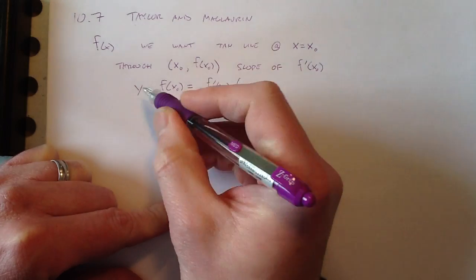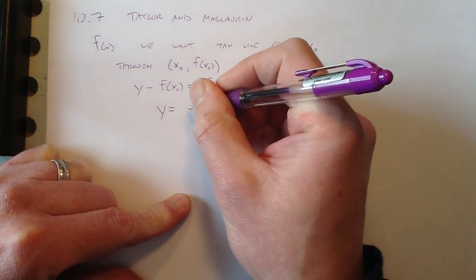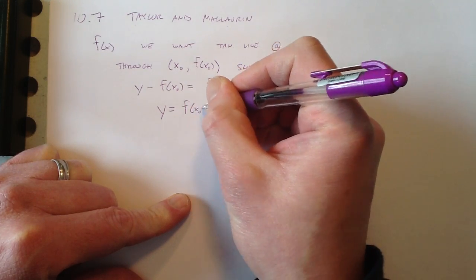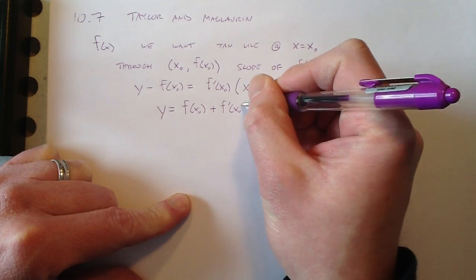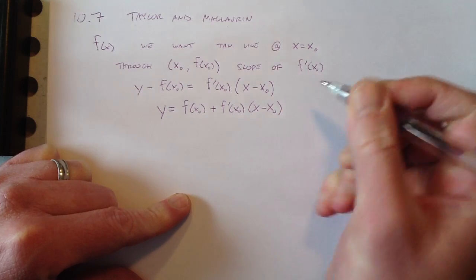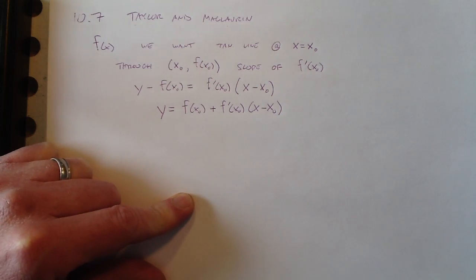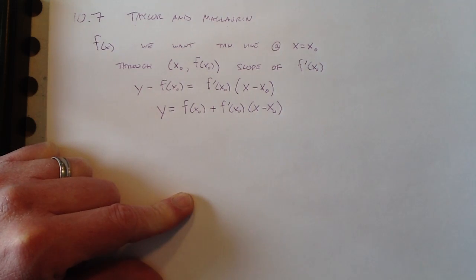And then if we wanted to solve for y, we could write it like this: y is equal to f of x sub 0 plus f prime of x sub 0 times x minus x sub 0. That's a tangent line, right? In point slope form with this moved to the other side.